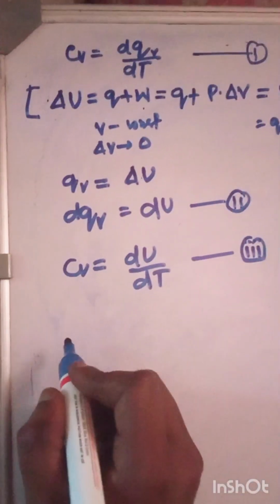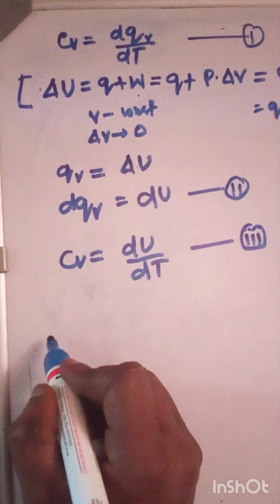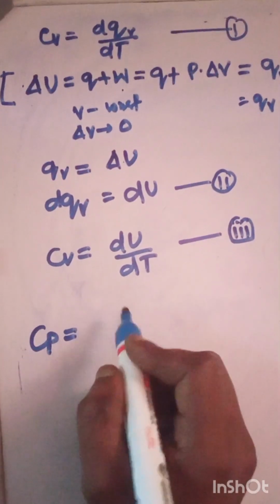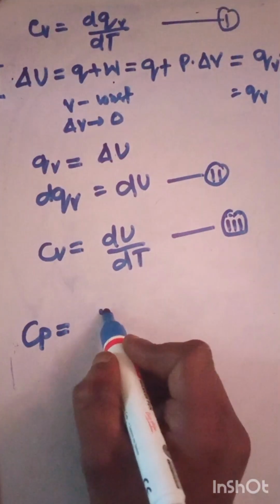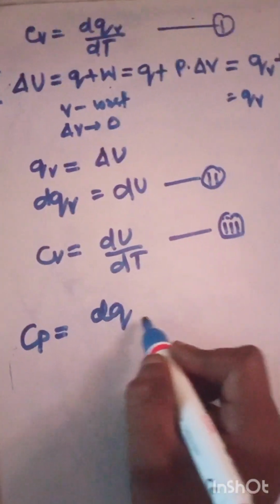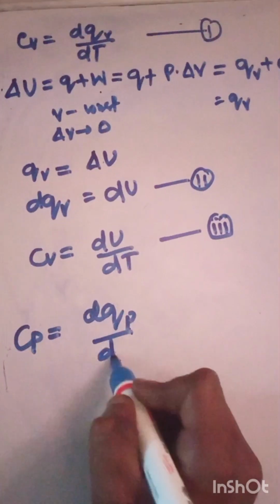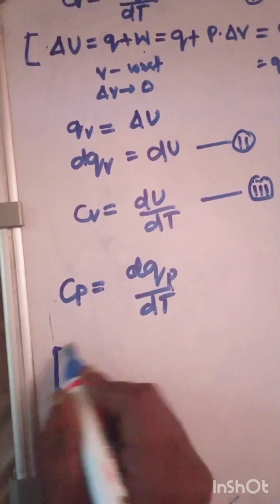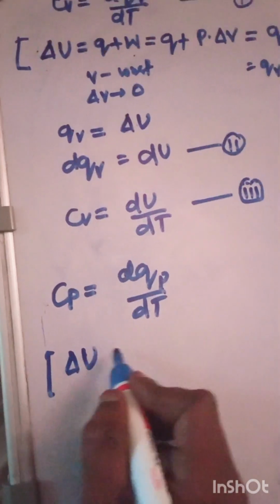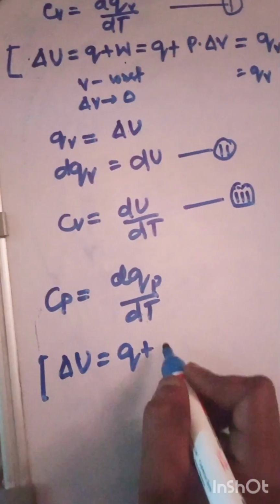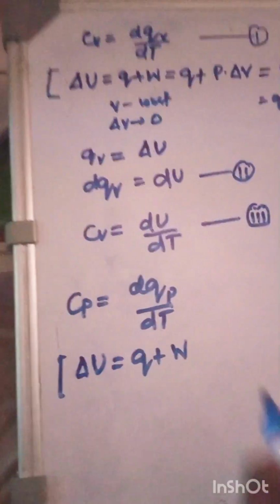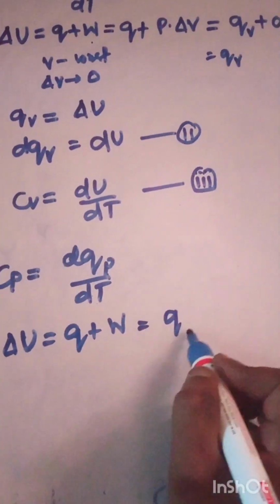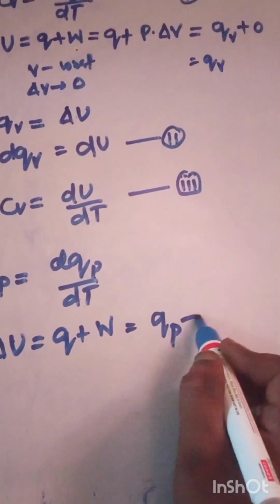Similarly, the molar heat capacity at constant pressure for 1 mole of gas is Cp equals dQp upon dT. From the first law of thermodynamics, we again know that the change in internal energy equals Q plus W. Here the Q is at constant pressure, so Qp.